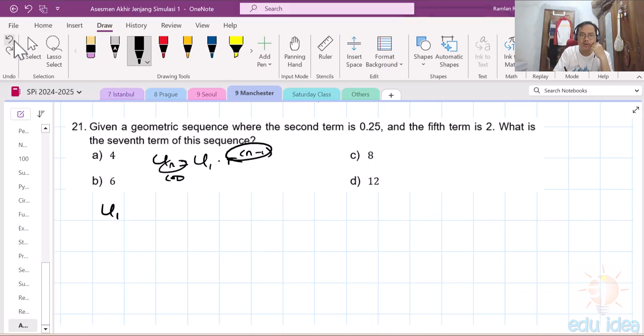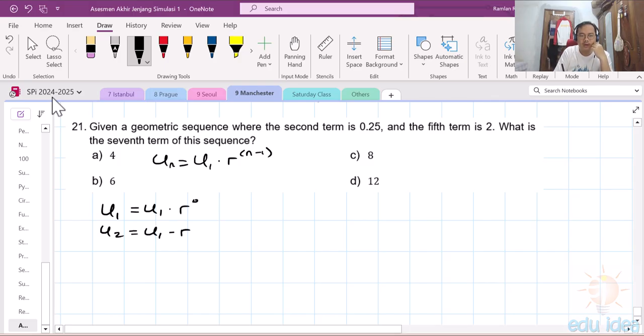Now, if you understand the concept, we can write down a pattern. u1 is just u1, actually it's times r to the power of 0, u2 equals u1 times r to the power of 1. And then the third term will be equal to the first term multiplied by r squared, and so on. You can see that the one that's changing is the power over here.